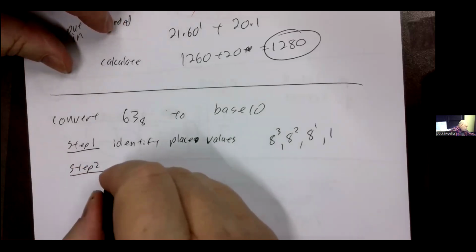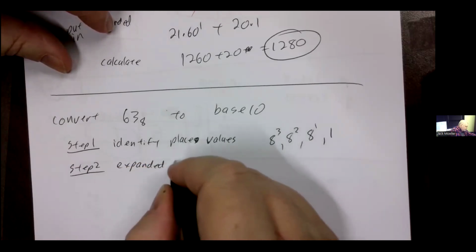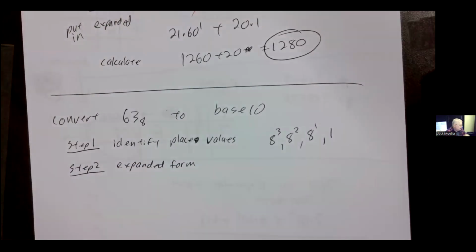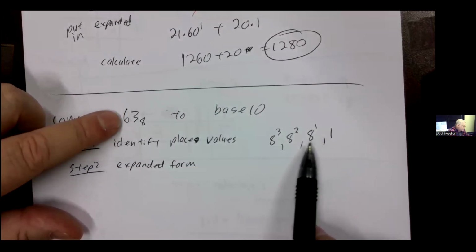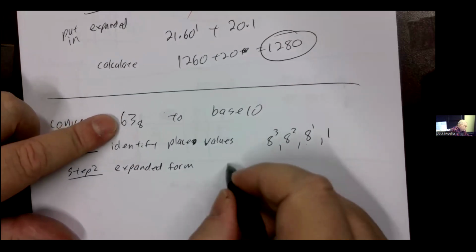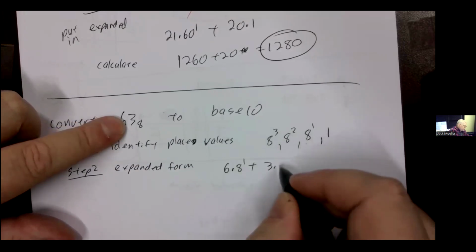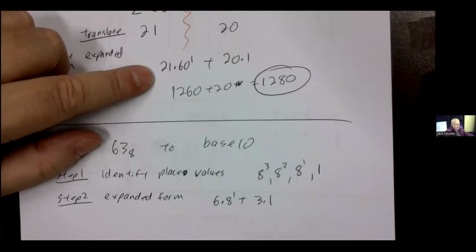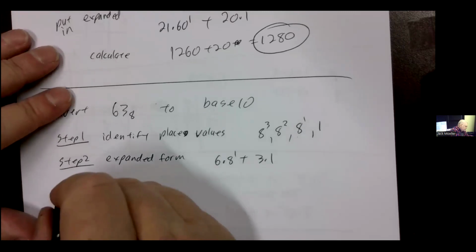Step 2, expanded form. I can't emphasize enough the importance of expanded form in chapter 4. So expanded form says, well, that 6 is in the second column, so it's going to be 6 times 8 in the first, and then 3 times 1. But basically same thing we did up here in base 60 for the Babylonian. And then you just do the arithmetic.